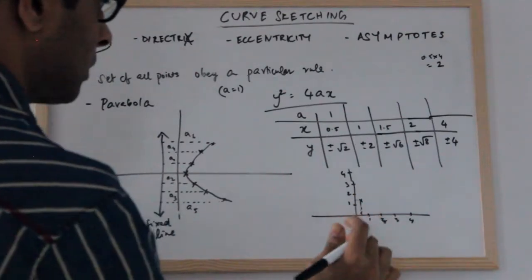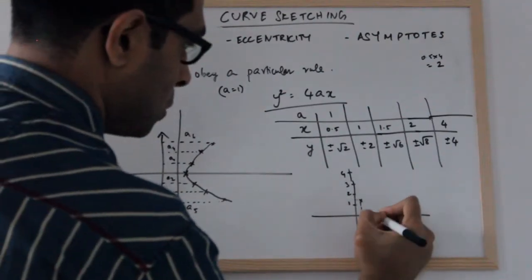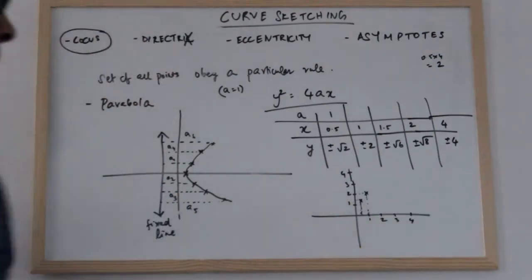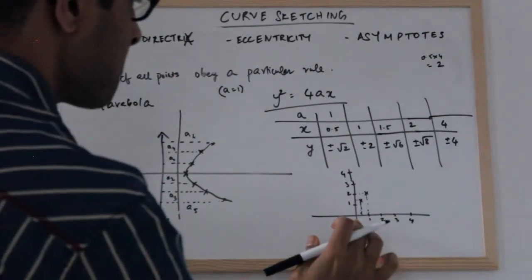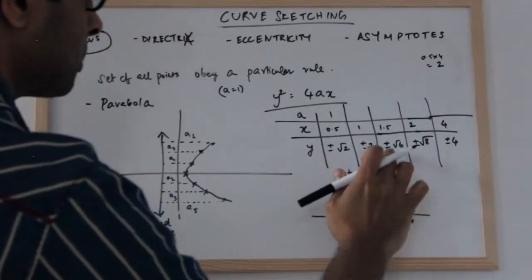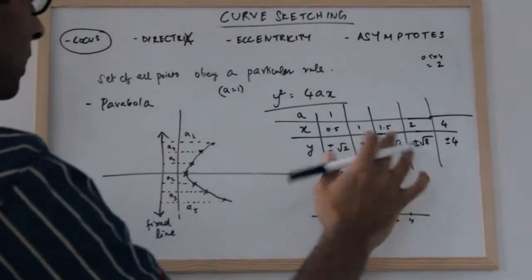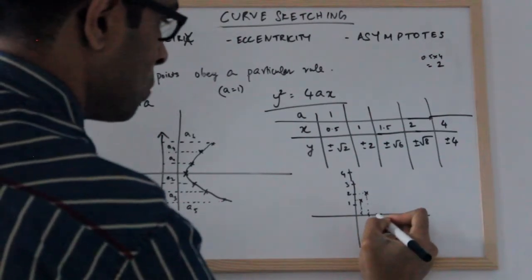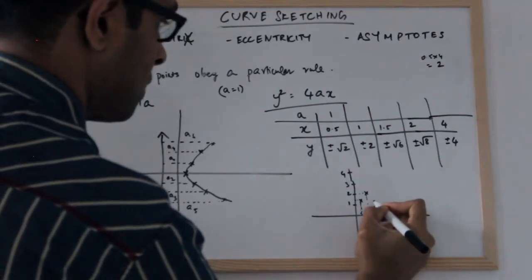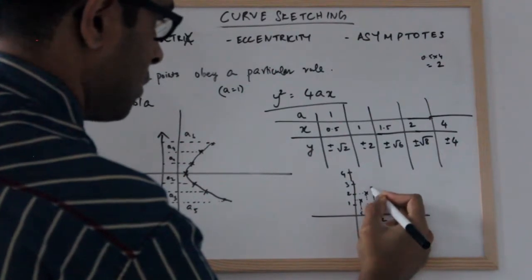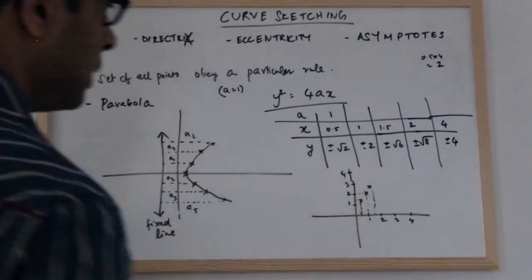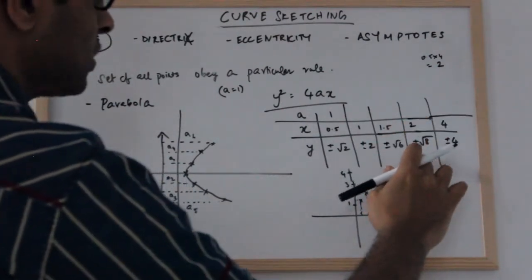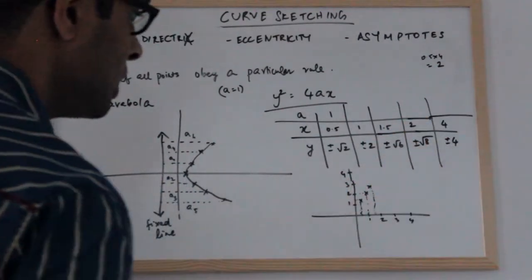X is 1, y is plus or minus 2. X is 1.5, plus or minus root 6 is around 2.5. X is 2, y is plus or minus root 8, which is closer to 3.